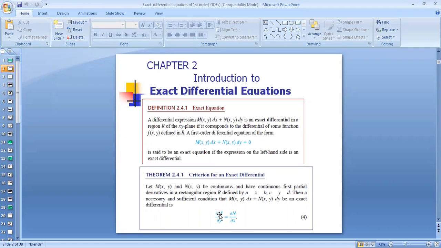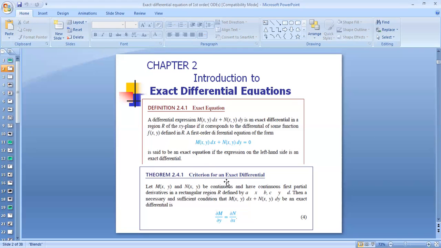We have already known that the theorem will be: if the differential equation can be arranged in such a way that M dx plus N dy equals 0, and if we take partial derivatives, del M del y equals del N del x, if these two partial derivatives are equal, then the equation is said to be exact.